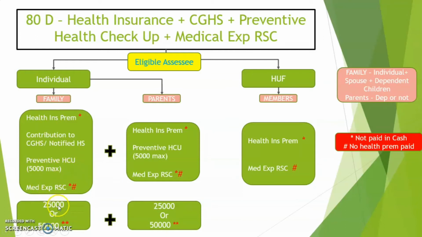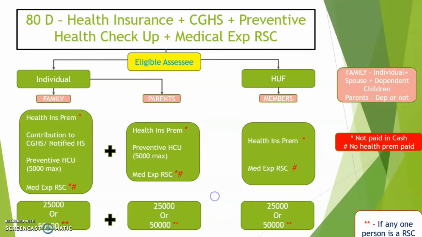And with that checked, make sure the total deduction doesn't cross this. Same over here. It's the exact same for HUF as well, 25,000 or 50,000, depending upon the age of the people covered. Alright, so the 2 stars stands for this, if any one person is a resident senior citizen. So any one person in this category of family. Alright, now that's it about 80D.